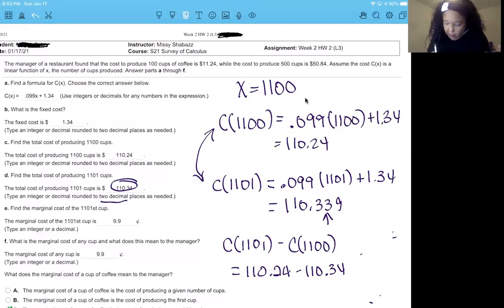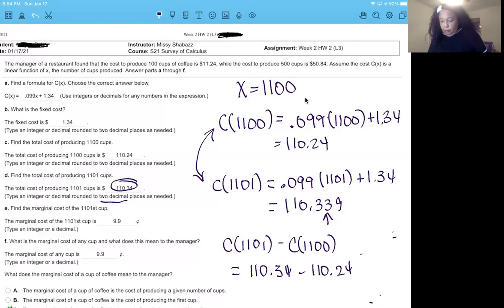Except I put them in the wrong order. Let's try that again. But I guess they're going to use the exact 110.339. So 110.34 minus 110.339. Uh-oh, what did I do? Oh, it's 110.24.